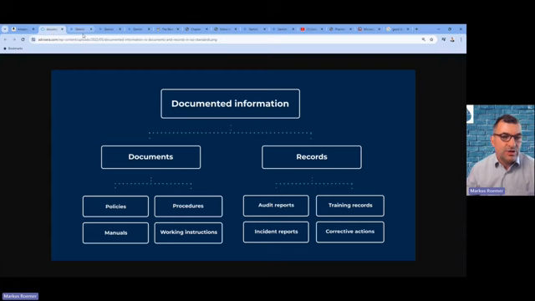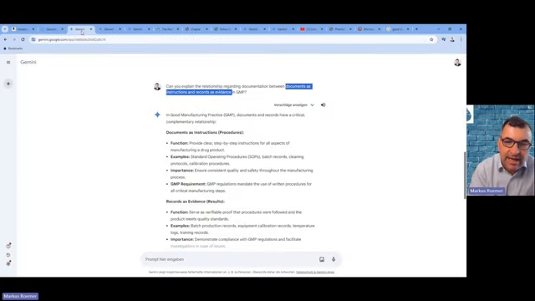And if I go to Gemini, we will also use some AI for today. Documents are instructions, so procedures. Here you see the answer by Gemini, examples: SOPs, for example, and records as evidence.